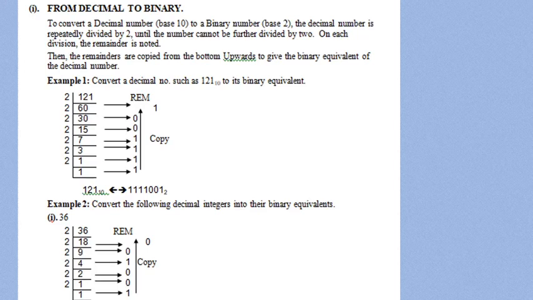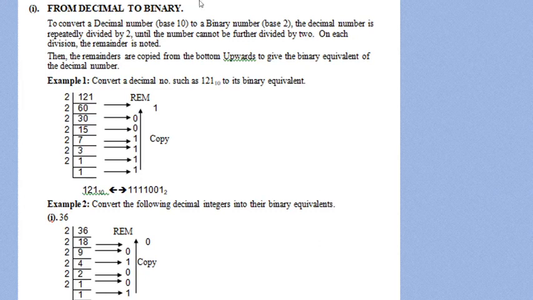For example, convert the decimal number 121, which has base 10 to tell you it is a decimal number, to binary. You divide the number continuously by 2. If it is divisible by 2, you write 0. If it is not divisible by 2, you write 1.